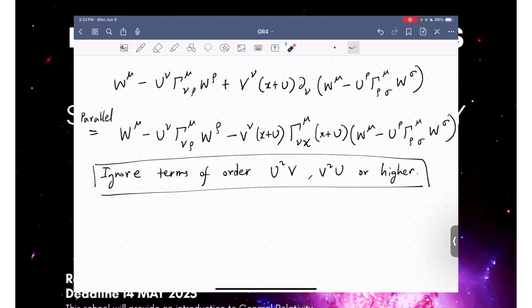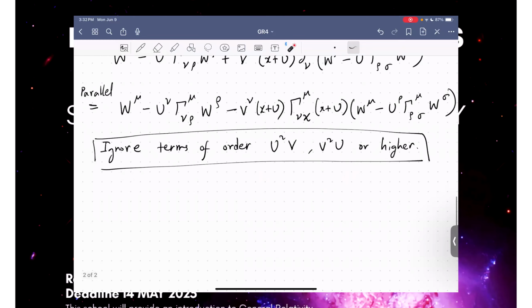If it turned out that the first non-zero difference comes in order u cube or something like that, then we would keep up to that order. But since I already know that that's not going to happen, I'm simplifying computations by killing terms of this order. All right.